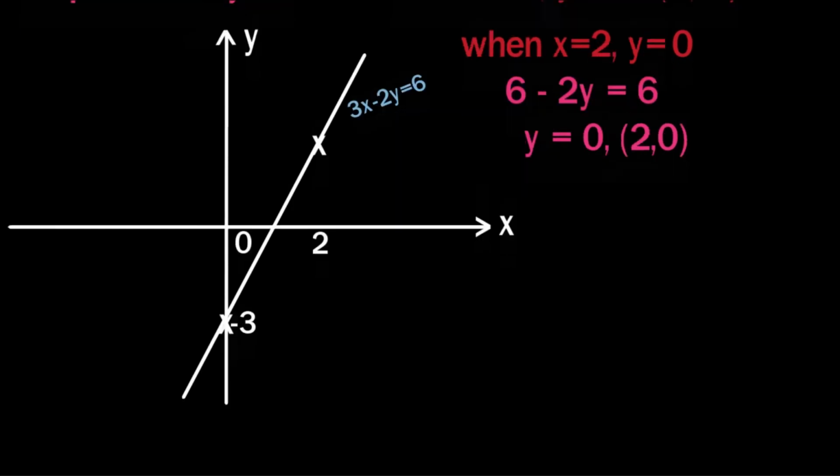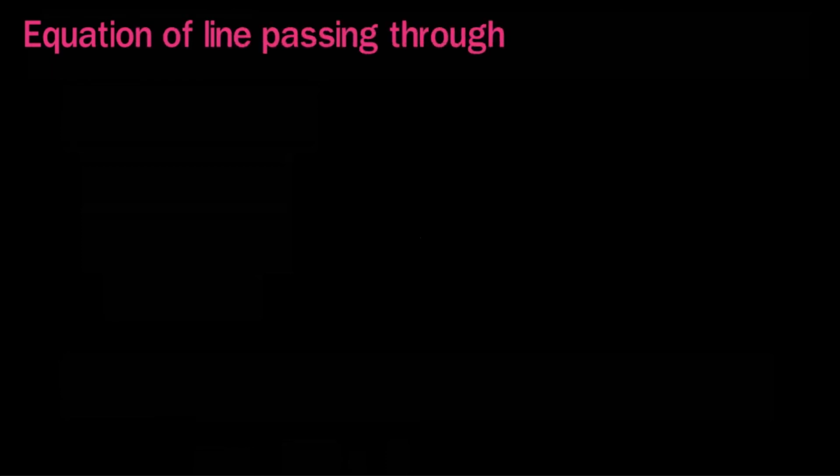Let's try another example. Now we have the equation of the line passing through the point 3, 4 and with the slope of 2.